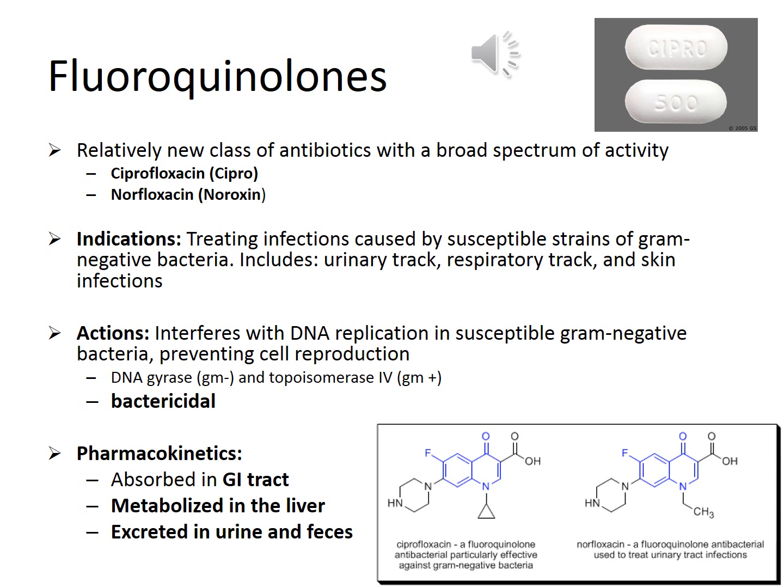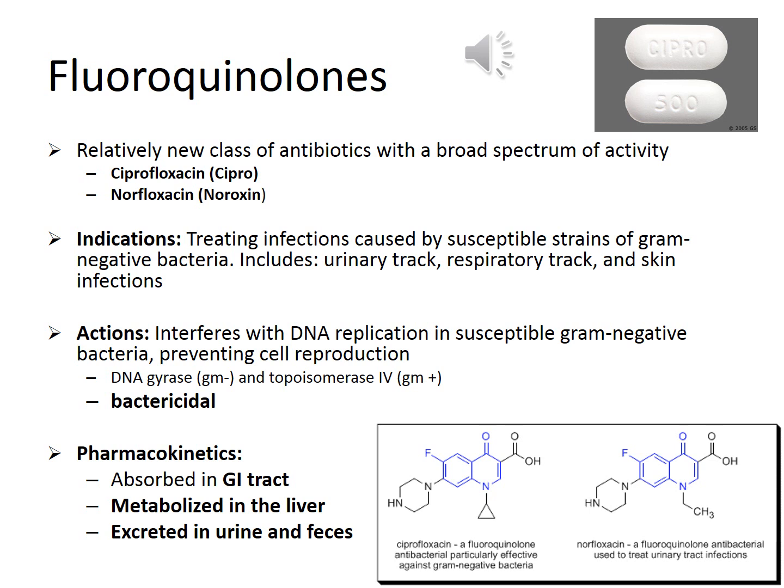The interesting thing is they're selectively toxic to the bacteria because they do not affect the human DNA gyrase or topoisomerase enzymes, so they select for the bacterial ones rather than ours. And since they make really abnormal DNA, they're bactericidal, right?